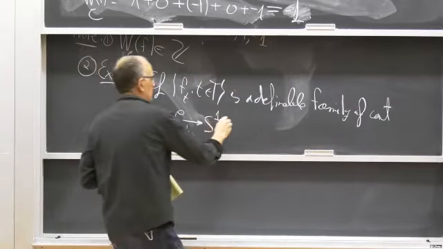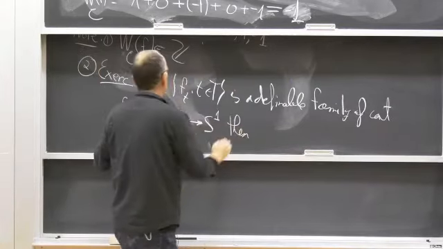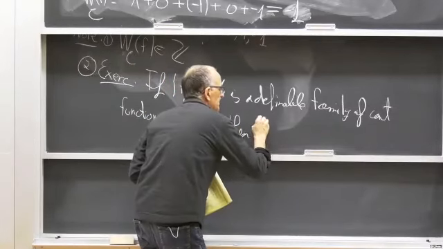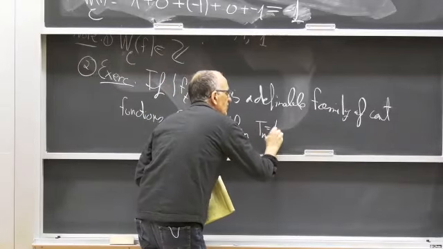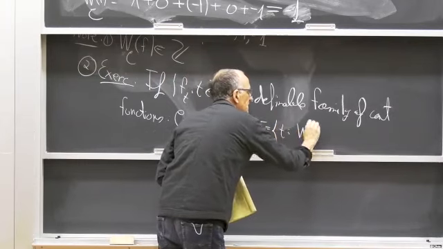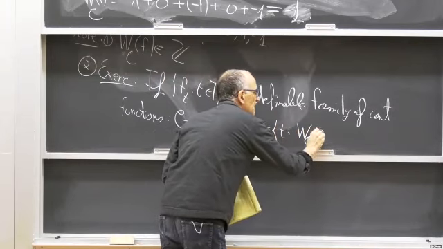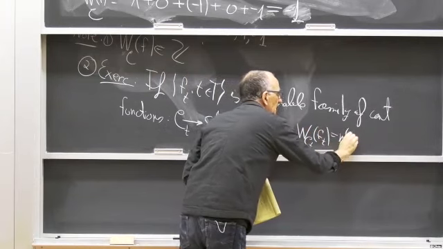Then this is definable. What do we mean by that? Then for every n in Z, the set of all t such that the winding number of f_t along C_t equals n is definable.